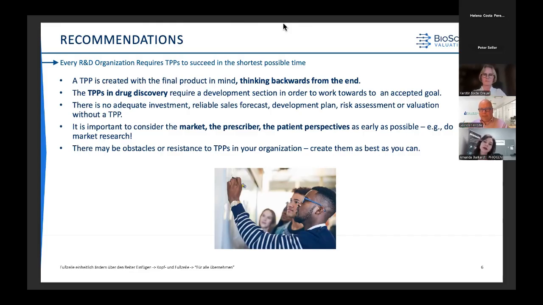But what we always recommend is, as I said, to also check your TPP and your development strategy with regulators, because afterwards you can focus more on what you have presented to them, and if they agree to that, then present it to investors. That at least gives you backing from a regulatory pathway, that this has been seen by someone other than only you, and you can fly with that way forward.